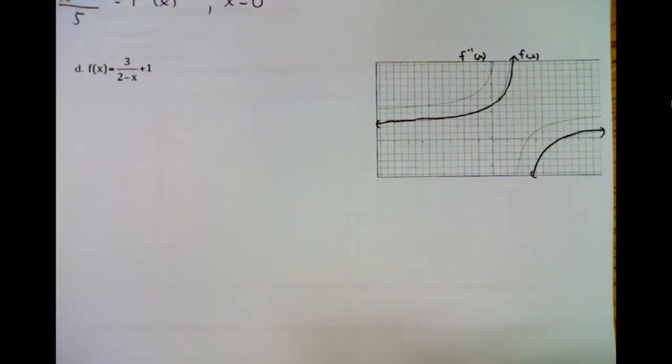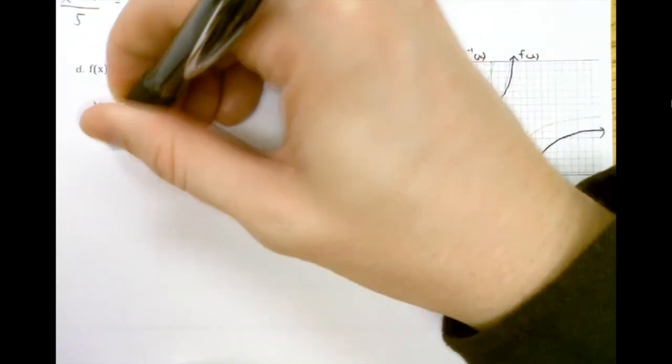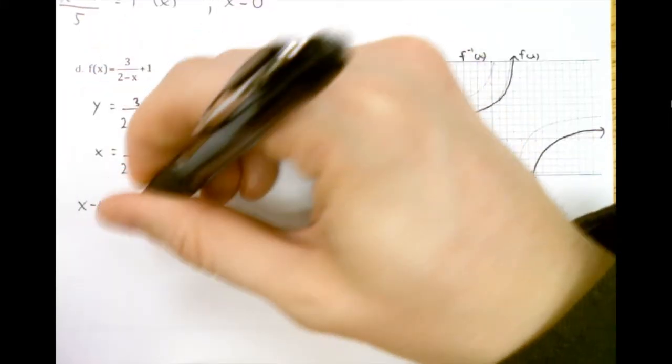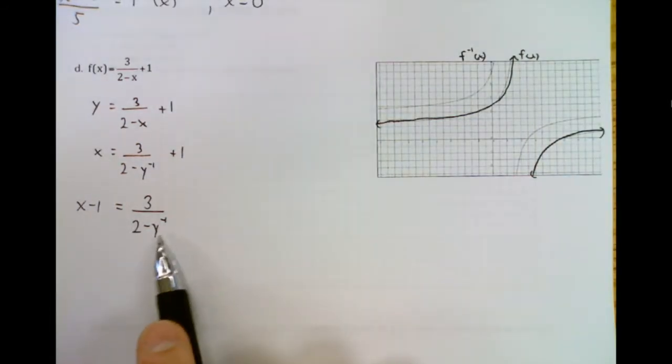If we want to find the equation, well, let's do it. Let's make f of x y, and let's switch x and y. Let's isolate for y inverse. So we're going to subtract 1 from both sides, and we get x minus 1 equals 3 over 2 minus y inverse. And now the y we're trying to isolate for is on the bottom.